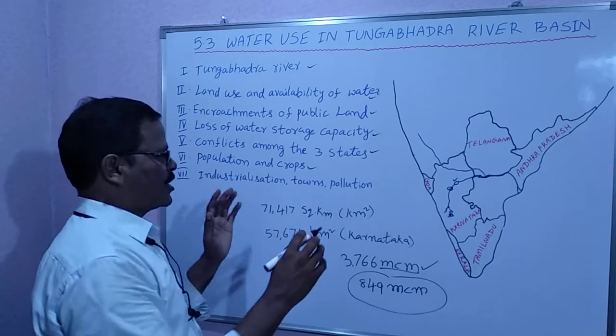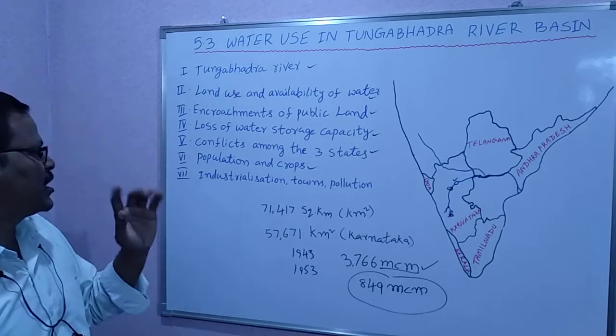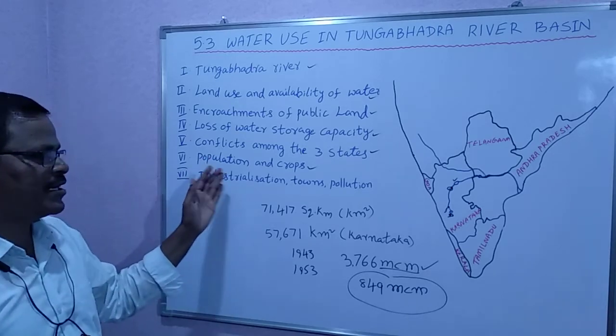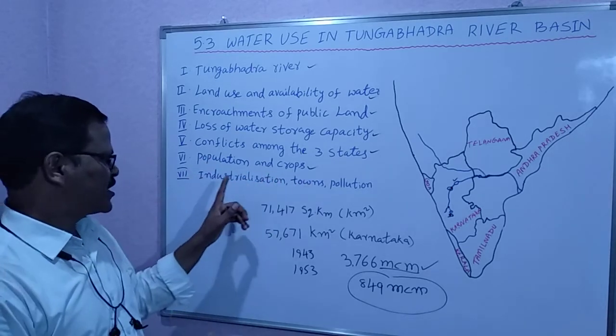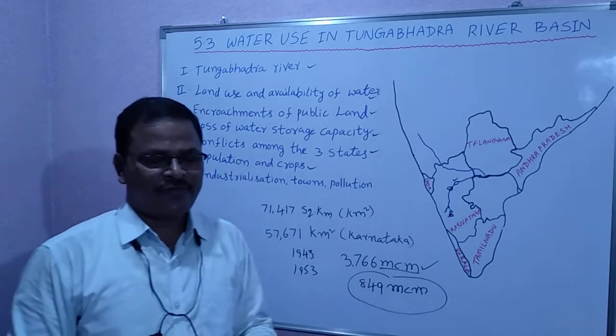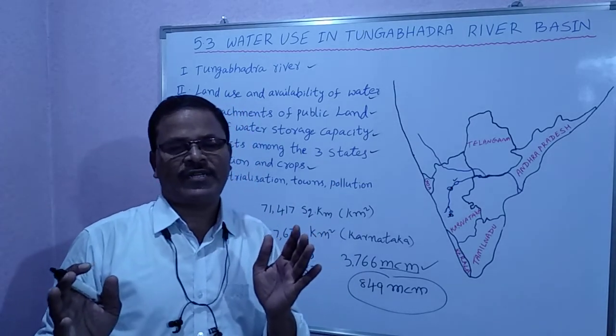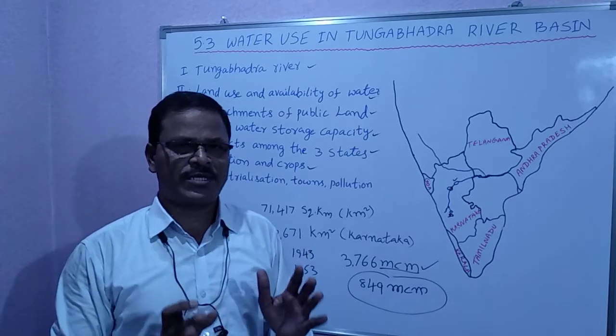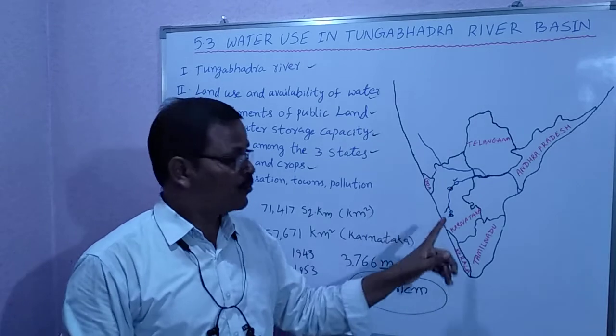Next, population and crops. It is already discussed here. Industrialization, towns, pollution. For the past 2 decades, more industries were set up in this catchment area.